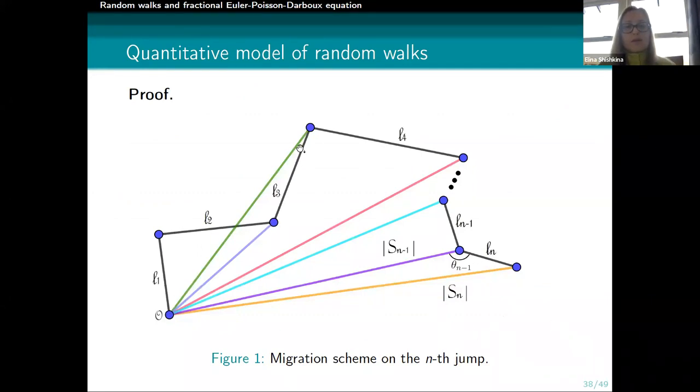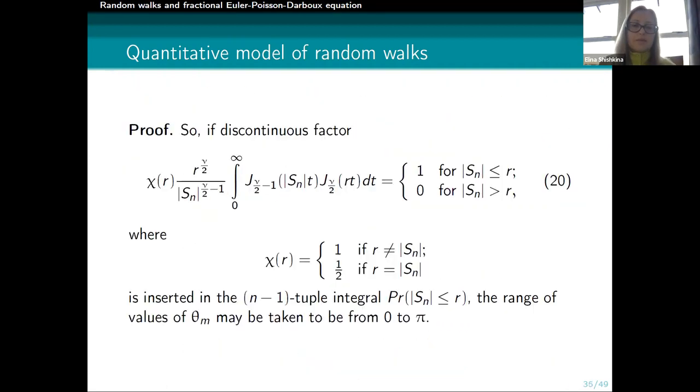We have some jumps here of different lengths, and here we have different angles, and finally we have the distance from the origin here, Sn. If we put here a circle, we can find the probability that this Sn is inside this circle.